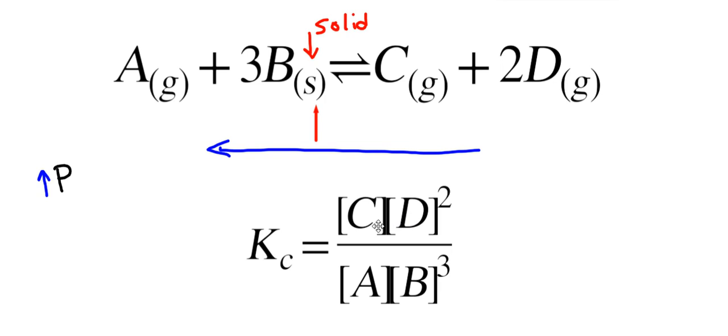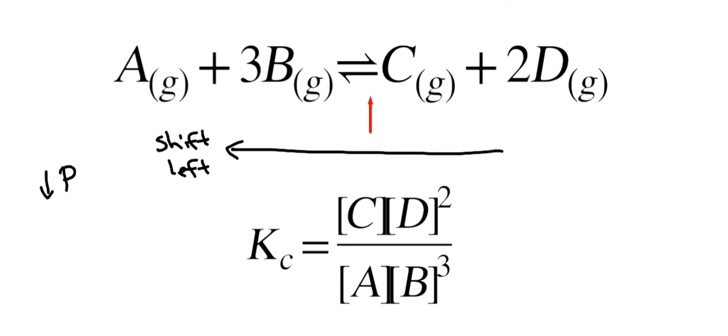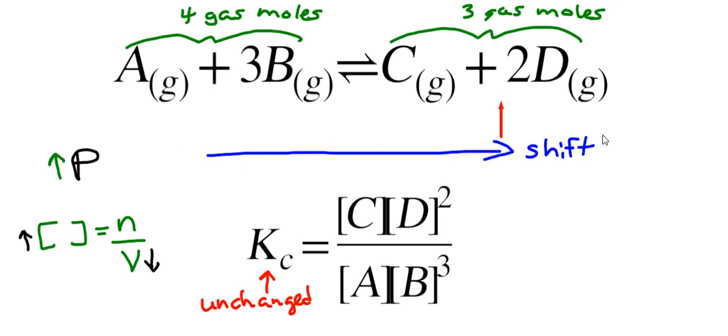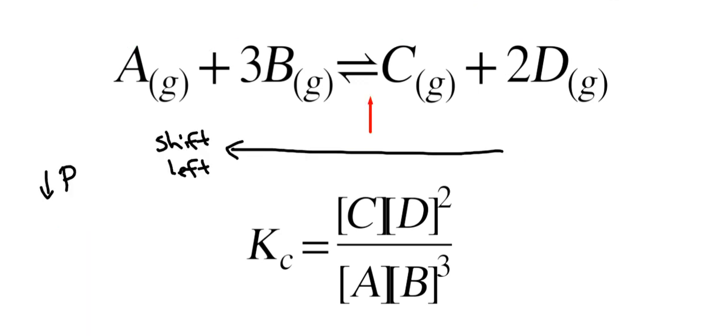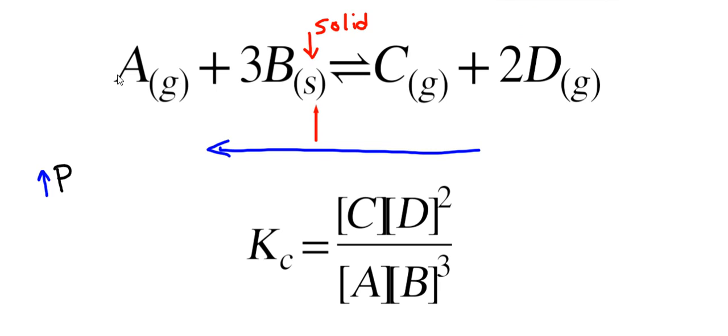But this is different than the other scenario that we looked at where pressure increased and it shifted to the right. Here it does not do that because that one had 3 moles of gas versus 4 moles. In our current example, the left-hand side that it's shifting towards only has the 1 mole of gas species. Conversely, if we decreased the pressure, that's going to favor the side with more moles.